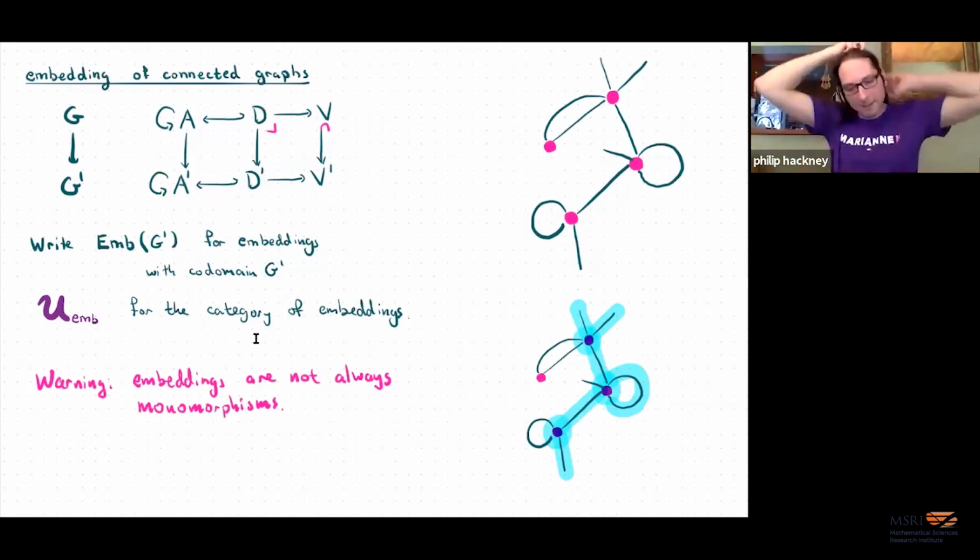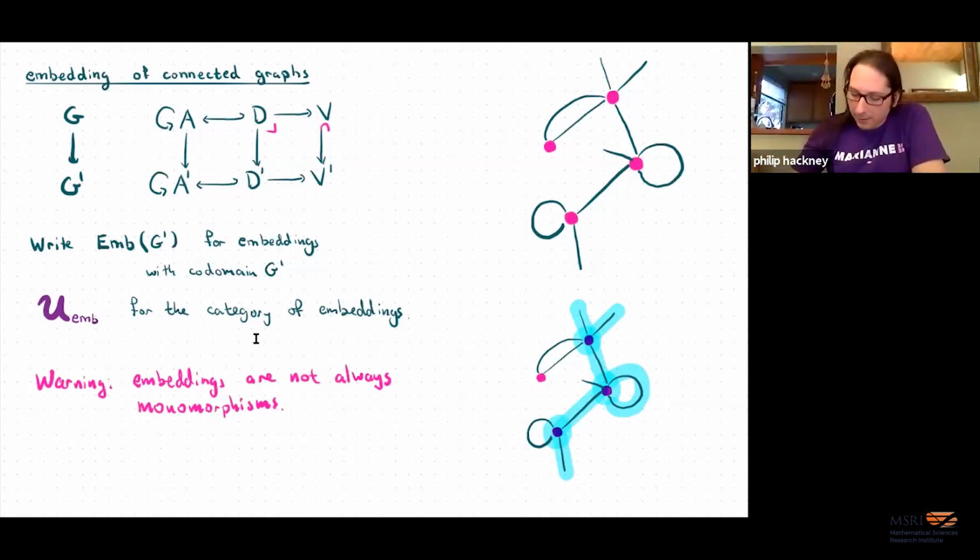So for example, in the picture that I just drew, if I look over here, in the shaded part, there's somehow two edges, this edge and this edge, where in the original graph there was only one. Okay, and this is going to actually mean that I'm not getting an inclusion over on the arc side of the diagram here.